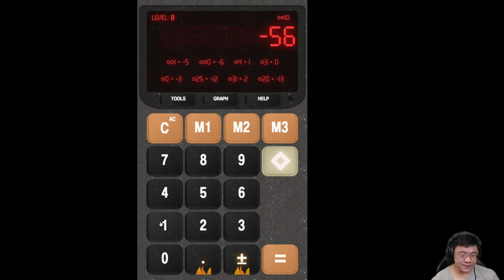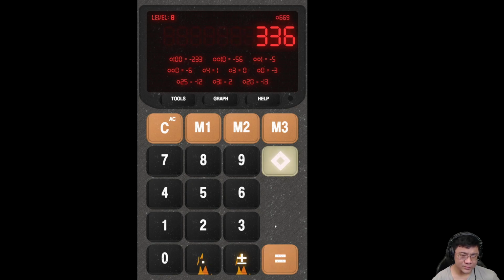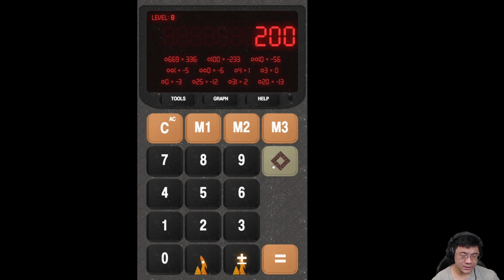The sign stopped flipping at a certain point, right? Because I plugged in like 66-something and it didn't go negative, right? Like when I was at 669, this was not negative. Hmm.